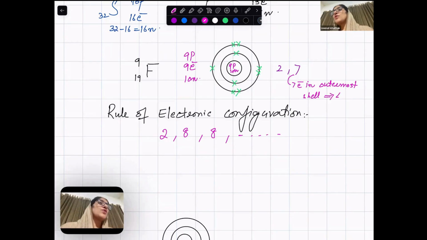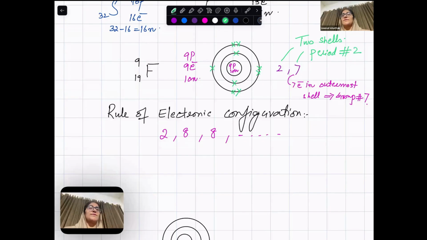This means the group number is 7. There are 2 shells, so the period number is 2.